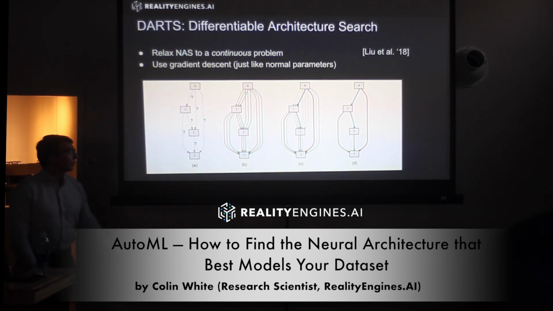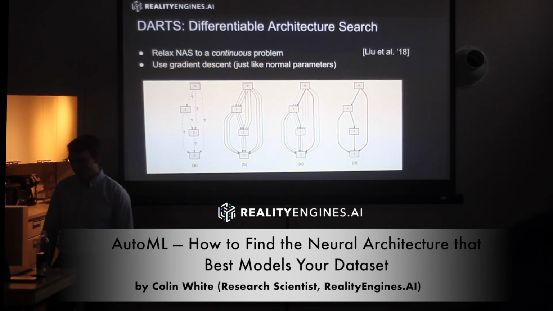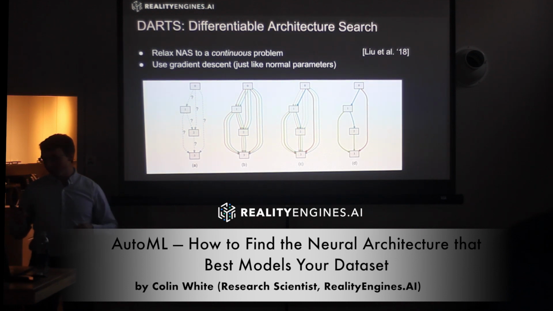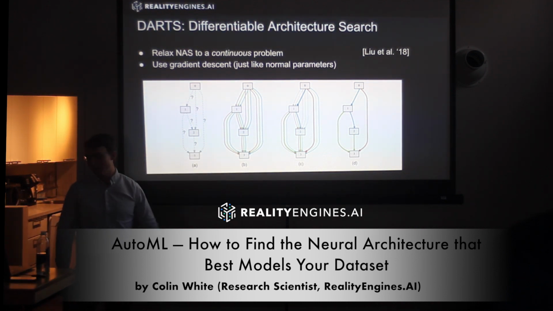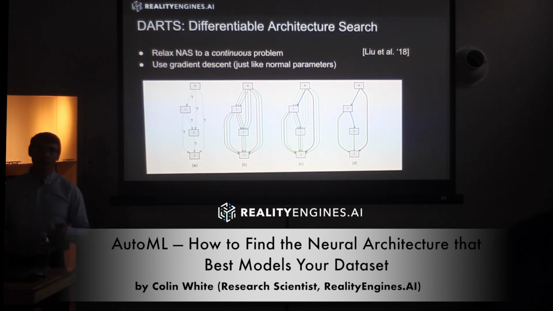So at the start, we have some architecture and we have no idea. In this picture, the edges are actually the operations. So we have no idea what this operation should be. So the idea is let's just put all possible operations there. Say the red line is a convolution, the green line is a pooling layer, and the blue one is a ReLU.